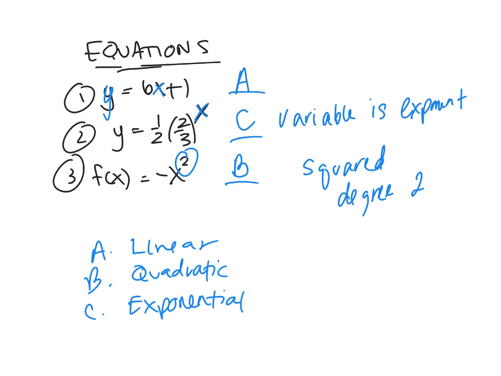So key things from this section, the 3 different types of models, linear, quadratic, and exponential, being able to identify them if you're given an equation, if you're given a graph, or if you're given a table or list of ordered pairs. Remembering what they look like, a line looking like a line, a quadratic looking like a U-shaped or an upside down U-shaped, and an exponential looking sort of like a slope.